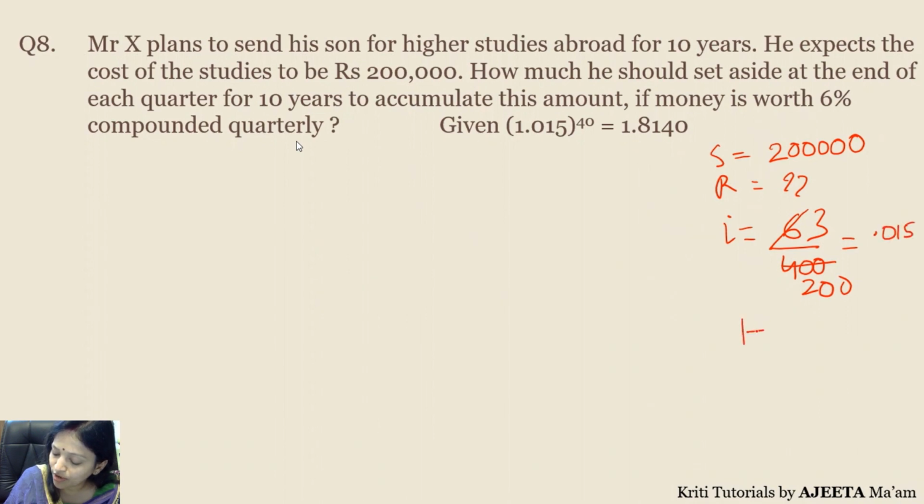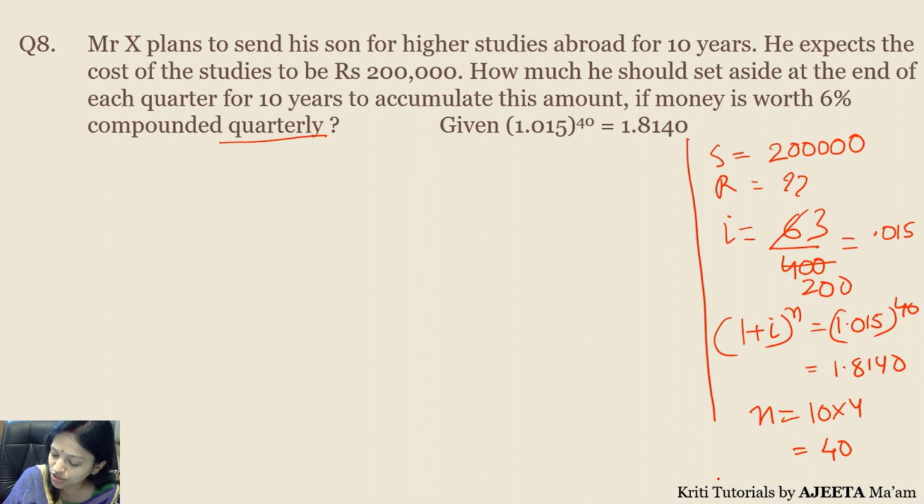Okay, now to calculate 1 plus i raised to n, we need n first. So n will be what? 10 into 4, because for 10 years he is going to make the payments quarterly, right? So that's important, quarterly. So now 40, clear? Now we are going to make it 1.015 raised to 40, and the value is given to you as 1.8140. So these are the initials that we are going to use. Now let's use the formula for S, that is the total amount.